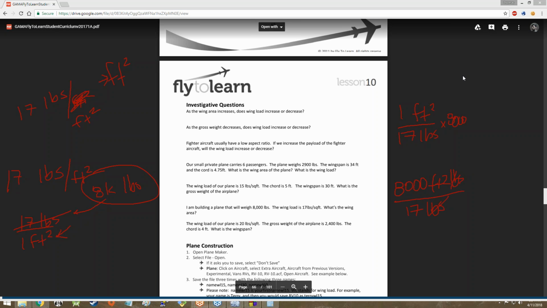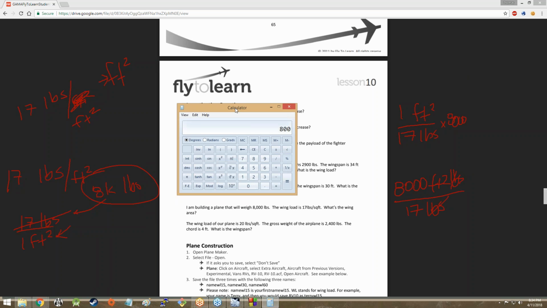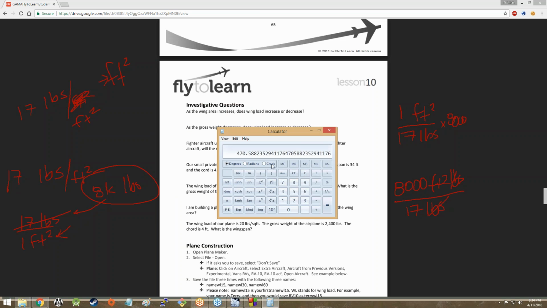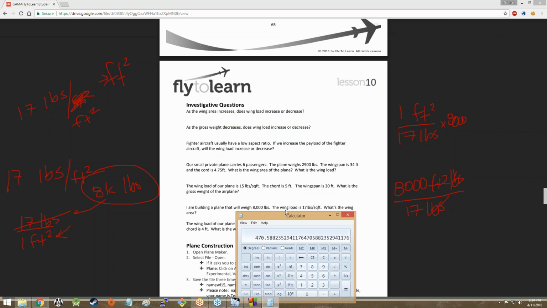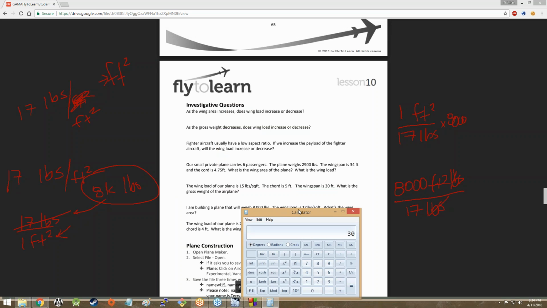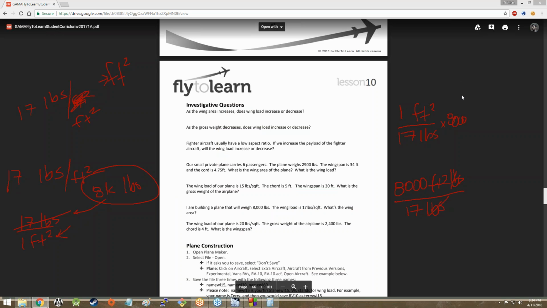So all we need to do in this case is 8,000 divided by 17, and we arrive at 471 square feet, which is roughly in keeping with everything considering.